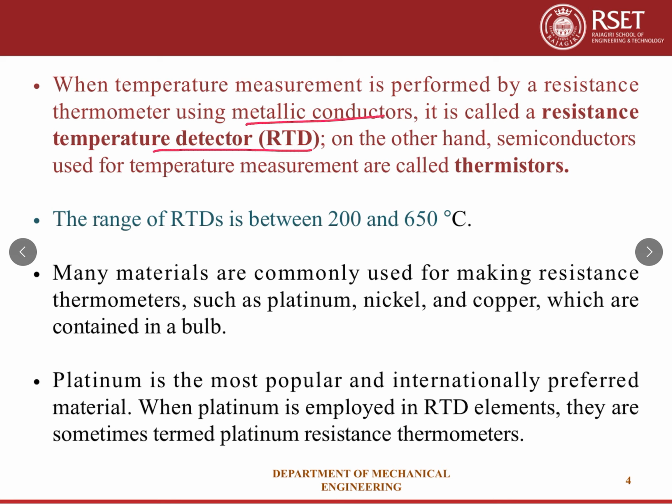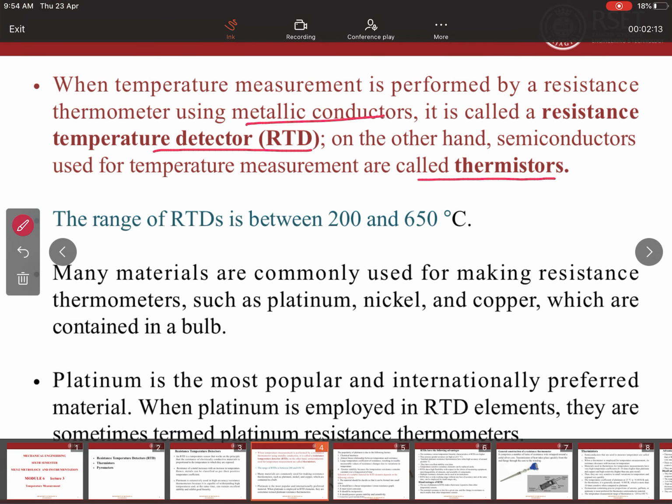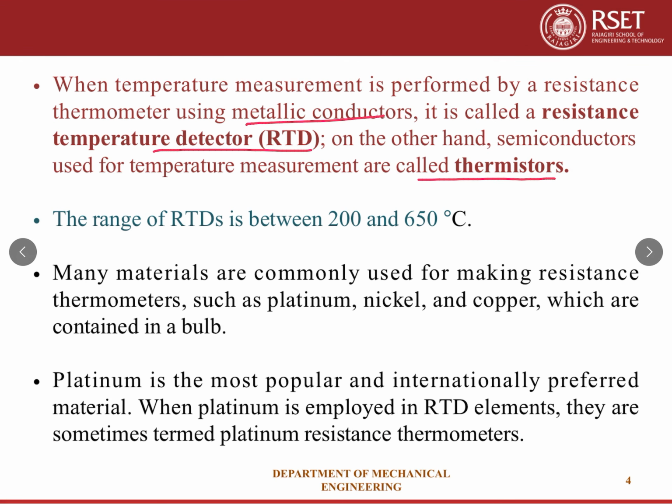On the other hand, semiconductors used for temperature measurement are called thermistors. In RTD, metals are used, where as the temperature increases, the resistance increases. But in thermistors, semiconductors are used, where as the temperature increases, resistance reduces.